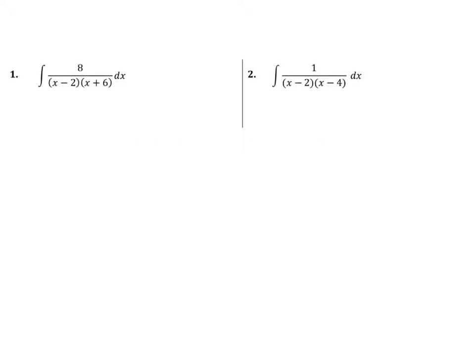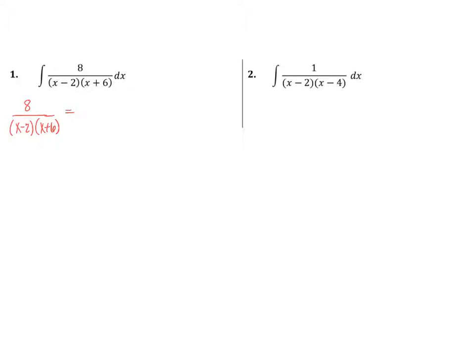So for the first one, again, we are going through and looking at our partial fractions for these. And so with this, again, we are separating out, and they've already separated for us some. So I know this is 8 over x minus 2 times x plus 6.